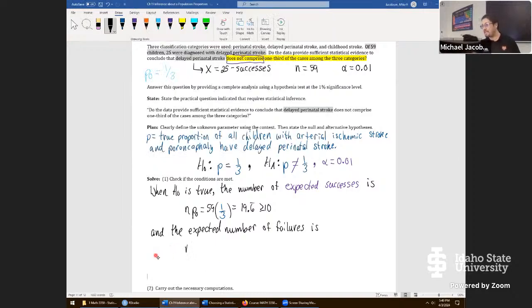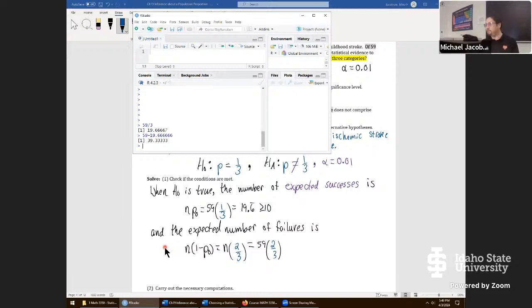You could also calculate by taking n times 1 minus p naught, which is now n times 1 minus 1/3, so 2/3. And I forgot to put an n, so let's just take another step there. N is 59 times 2/3. Let's just calculate it because it feels right to do that as the next step. 59 times 2/3 comes out as 39.3 repeating.